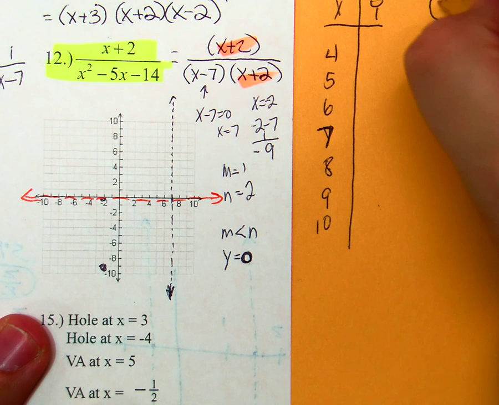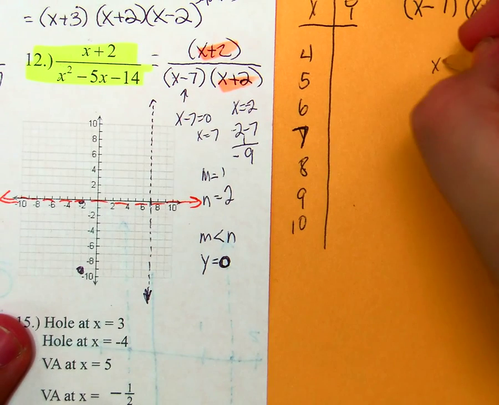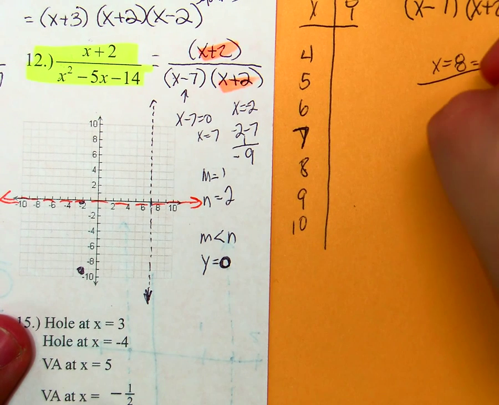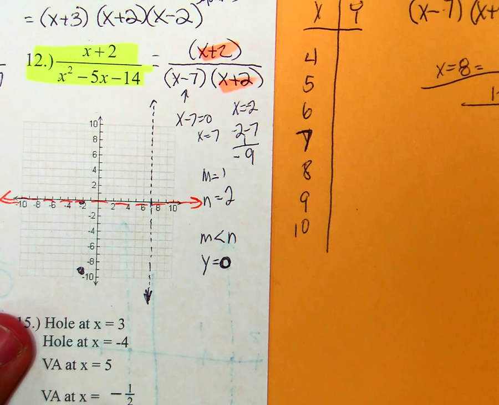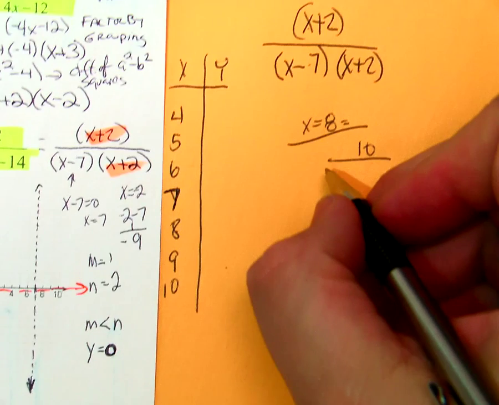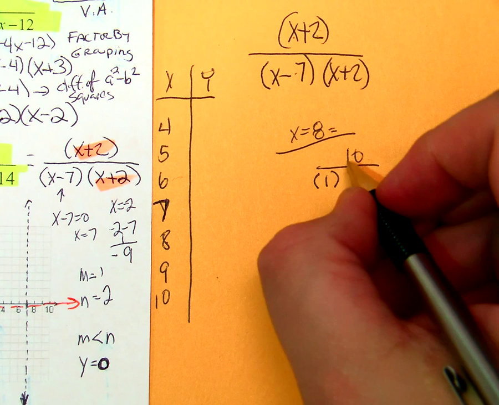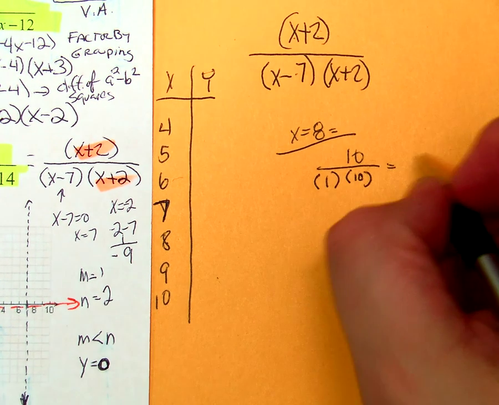If I have x equal to 8, what's 8 plus 2? 10. 10 over what's 8 minus 7? 1, and then what's 8 plus 2? 10. So what's 10 over 10? 1. So I know it's undefined there, but it's 1 there.